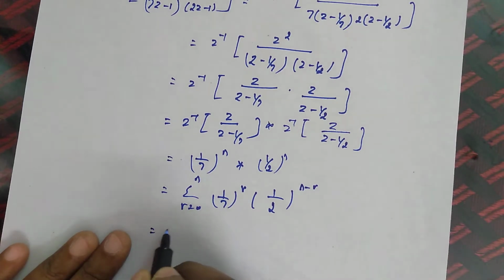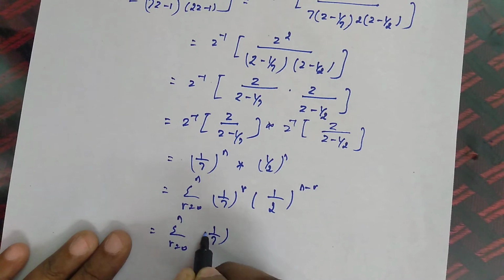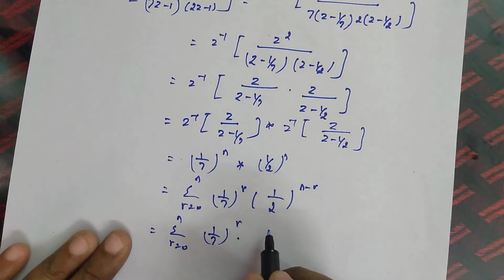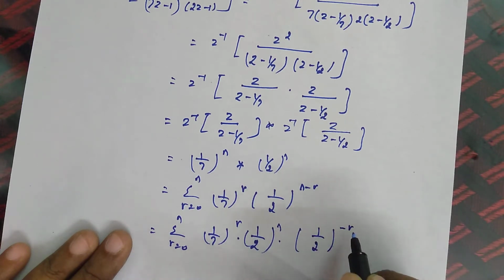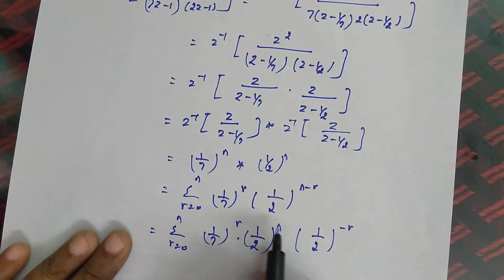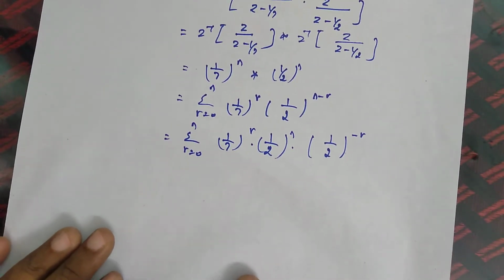Look at this one, can be written as sigma r equal to 0 to n 1 by 7 power r into, this can be written as 1 by 2 power n into 1 by 2 power minus r. Okay, because in this term there is no r involved, so we can take this term outside.